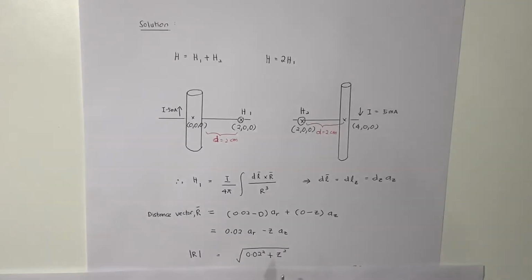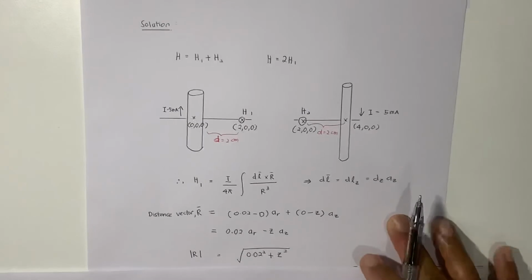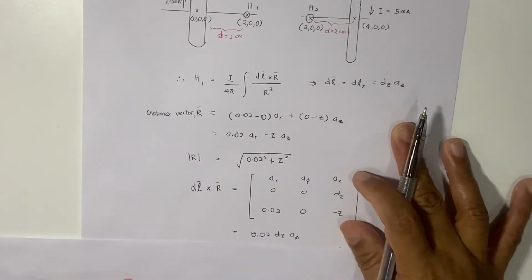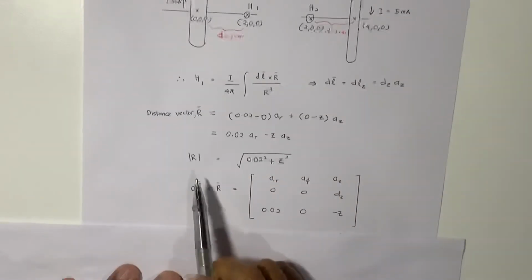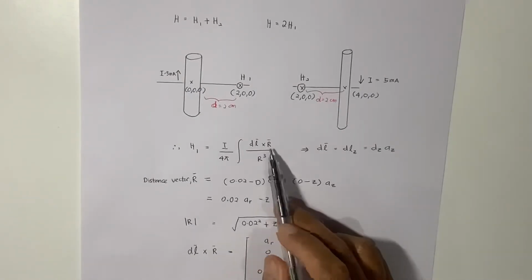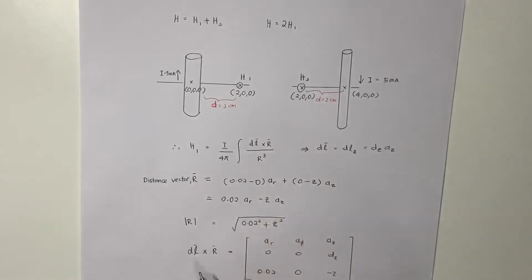So how do we find the magnitude? The magnitude is equal to the square root of 0.02 squared plus z squared. And then we already have the magnitude and the distance vector, and we need to do the cross product.